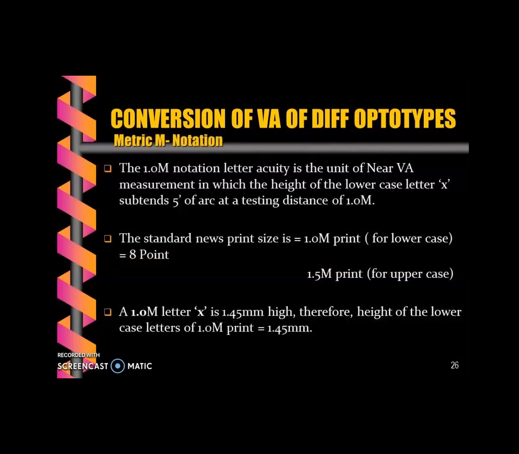The standard newsprint size is 1M print, that is for lowercase, and is equivalent to 8 points, and 1.5M print for uppercase. Now, a 1M print or 1M letter x is equal to 1.45 millimeters high.